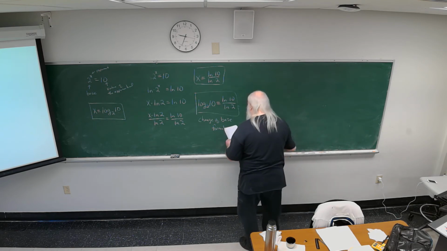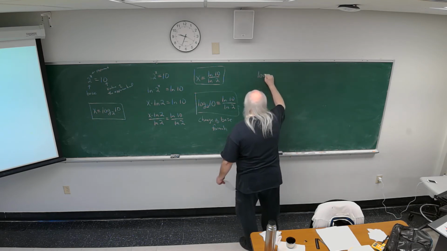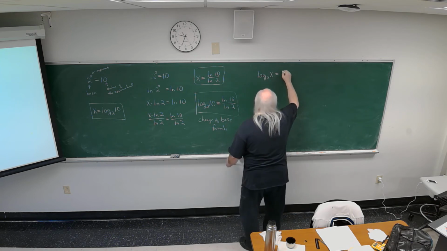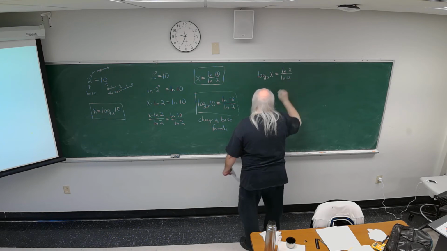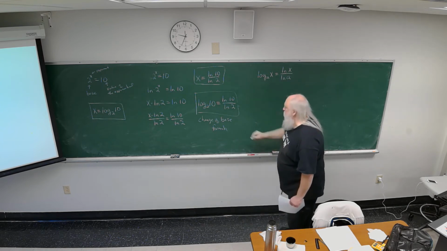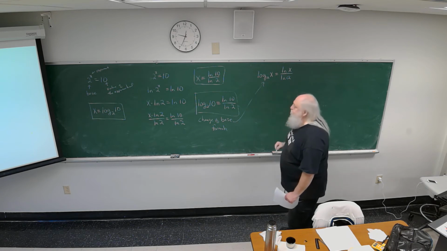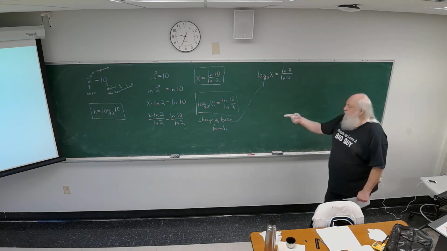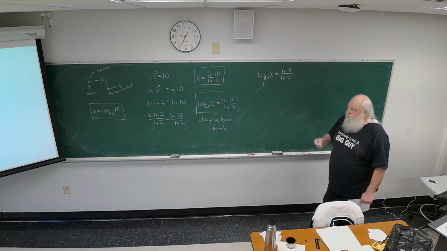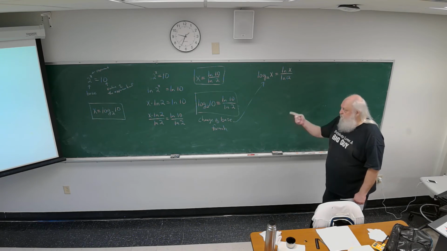The change of base formula is log base a of x is equal to the natural log of x over the natural log of a. And that's showing those two solutions, right?